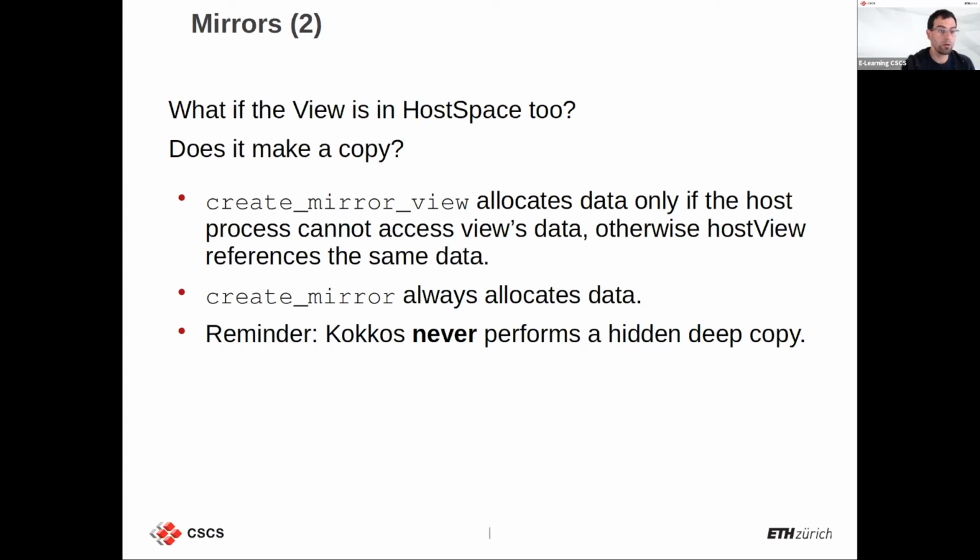No, because when you use create mirror view, as we showed before, this allocates data only if the host process cannot access the view data. Otherwise, the host view references the same data. So when you have code that is using mirror view with a device, like GPU, CUDA, there is no problem, we'll copy.